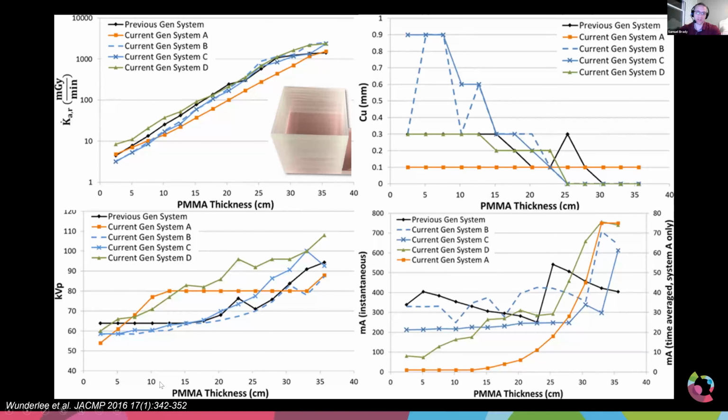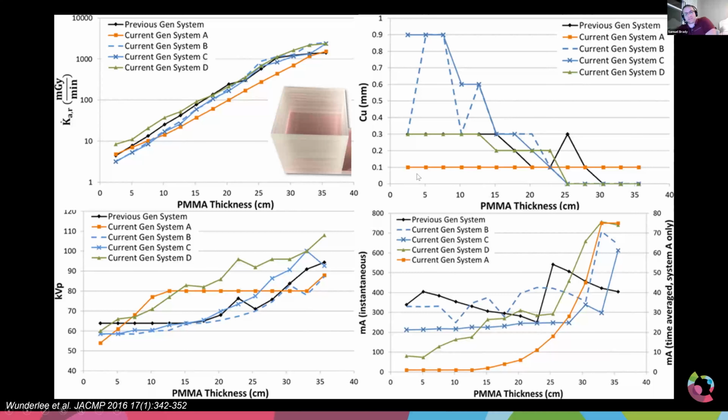So when the patient starts to get a little thicker, you go from a low kV to a moderate kV up to 80 kV. And at that point, you can see here at roughly 15, you come over to mA, and the mA starts to ramp up really quick. And you get to a point upwards of 35 where mA just can't go any higher. So now the kV has to start to come up. And so you can see their approach, even though their dose rate is basically the same as everyone else's, they will change their kV slightly differently and their mA differently.